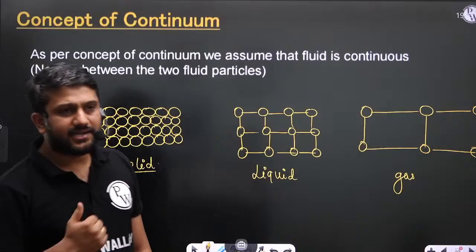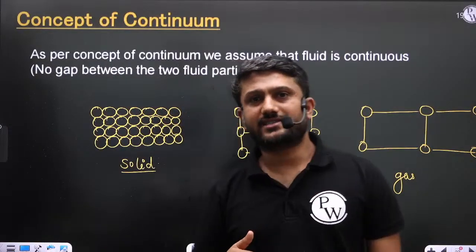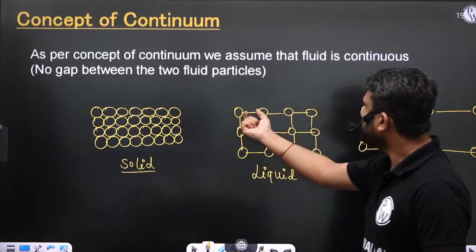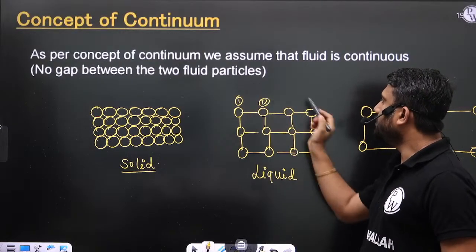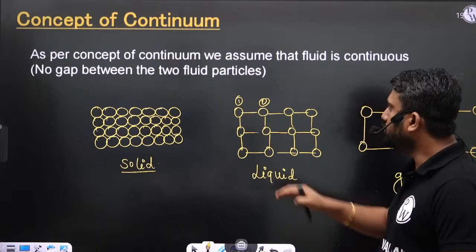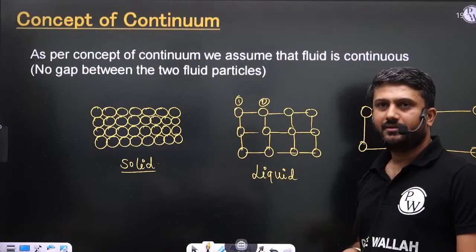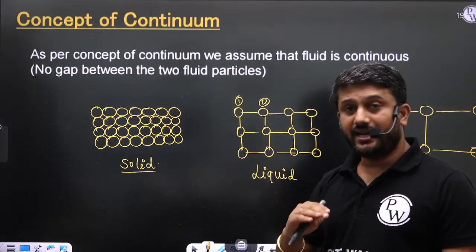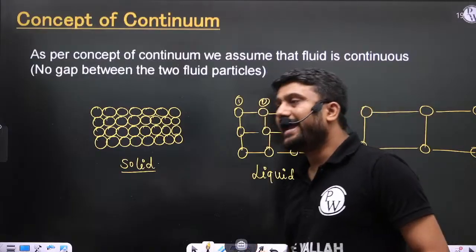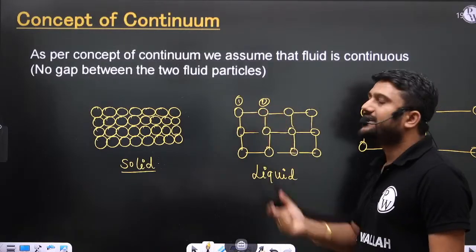So here the fluid is not continuous. Now there is some gap. This is molecule number 1 and this is molecule number 2, and in between them there is a gap. But in the concept of continuum, we assume that this gap is negligible.